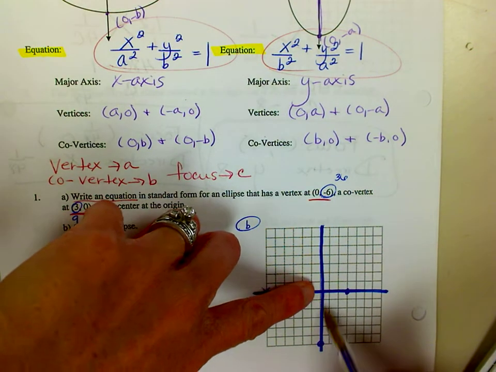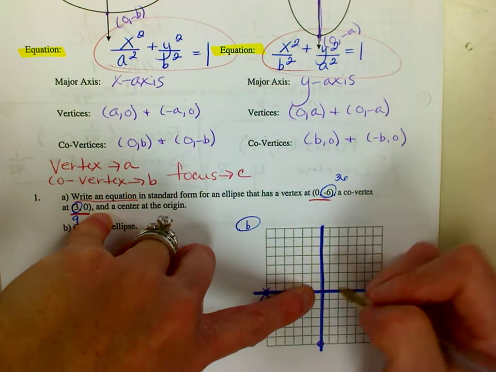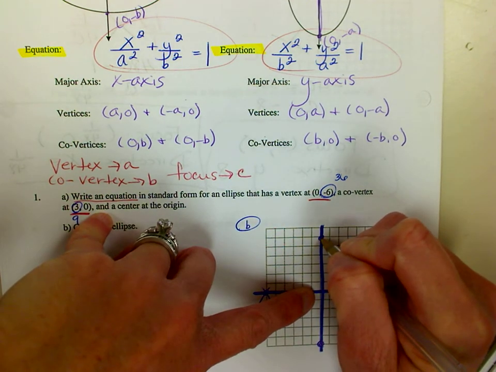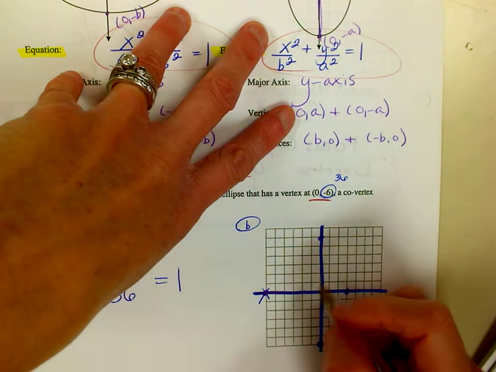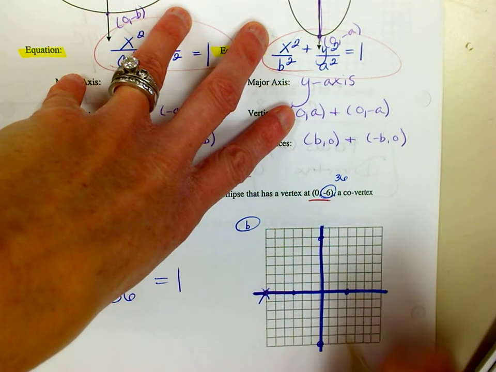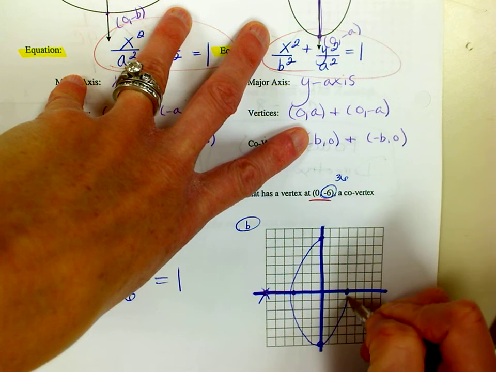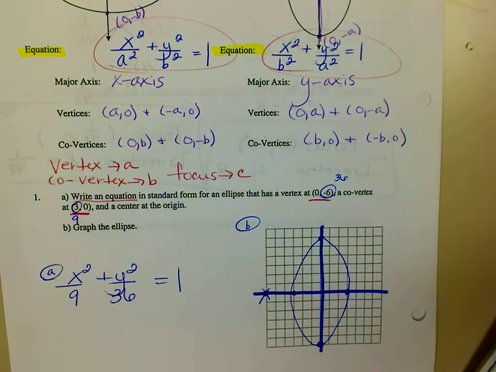So if this one's (0, -6), the other one is (0, 6). And if this one's (3, 0), the other one's (-3, 0). And then I'm going to connect. Okay, that's the first page.